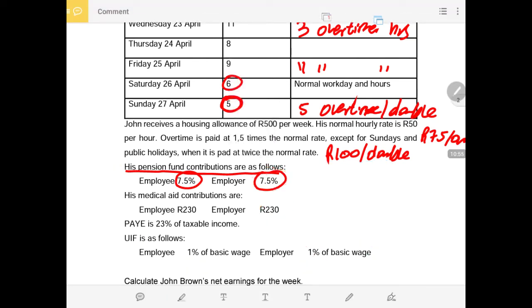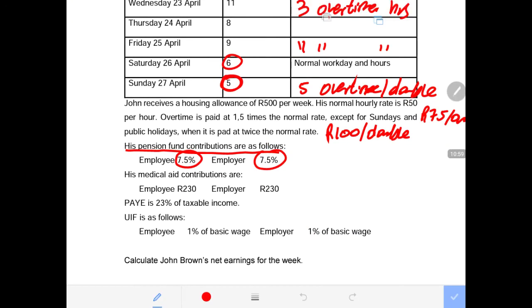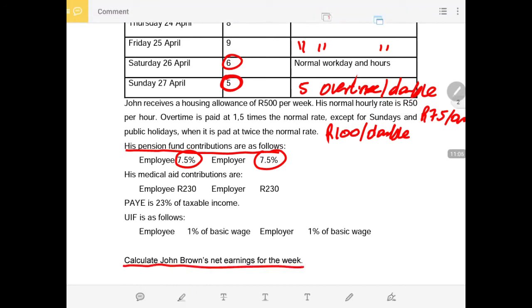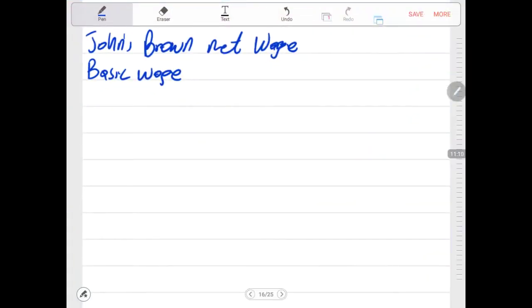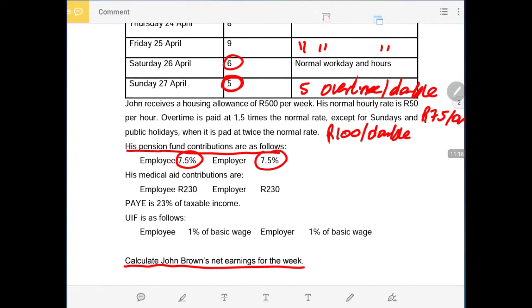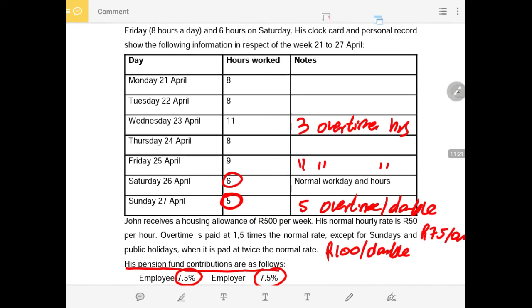Let us continue on that same note in response to the question, which says calculate John Brown's net earnings for the week. So now we are calculating the wage statement for this employee, and we started with the basic wage. For our basic wage, we need to know how many hours we have when we want to calculate it.